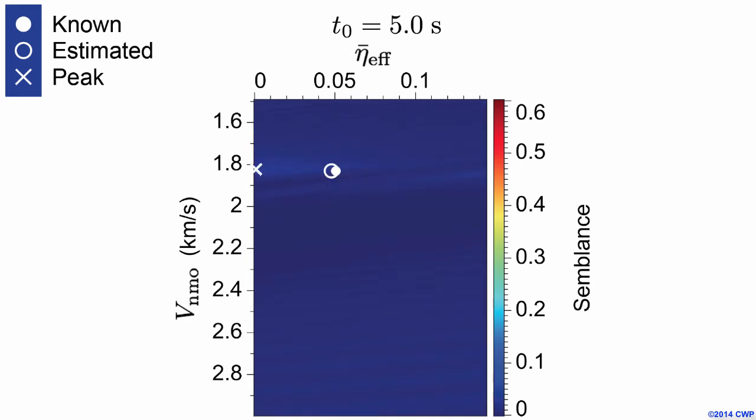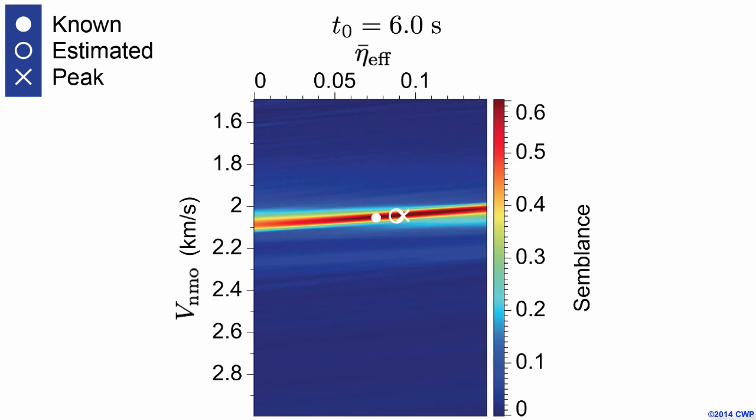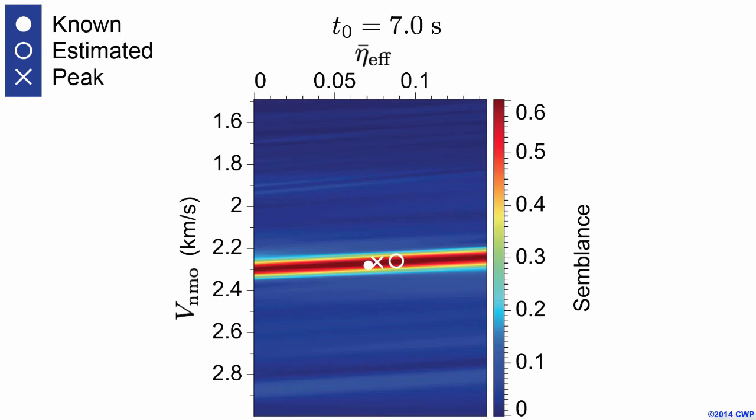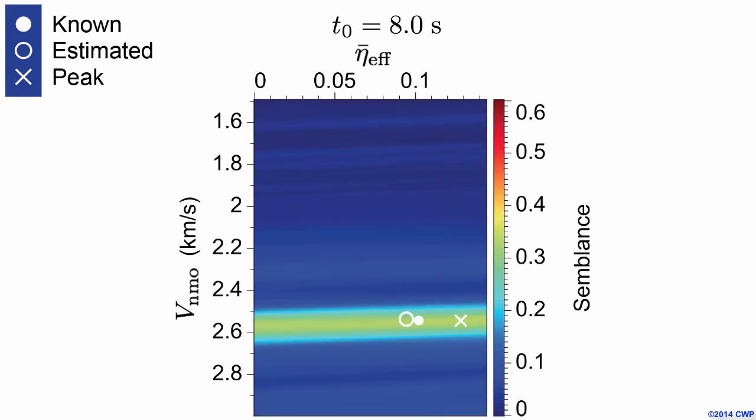So as we go deeper, you notice that here we're not even intersecting a semblance peak, and this is another advantage, that we don't have to strip out the semblance peaks from the spectrum. We just use the entire semblance spectrum, but yet we're estimating the known parameter extremely well. And as we go a little bit deeper, you start to see the trade-off between VNMO and eta growing larger, and how the peak semblance starts to move around quite a bit, and then as we go very deep, again I'm not completely intersecting a semblance peak here, but the trade-off between VNMO and eta grows much larger.